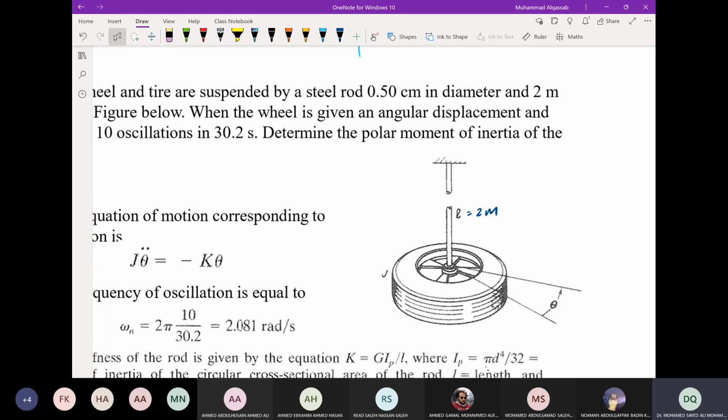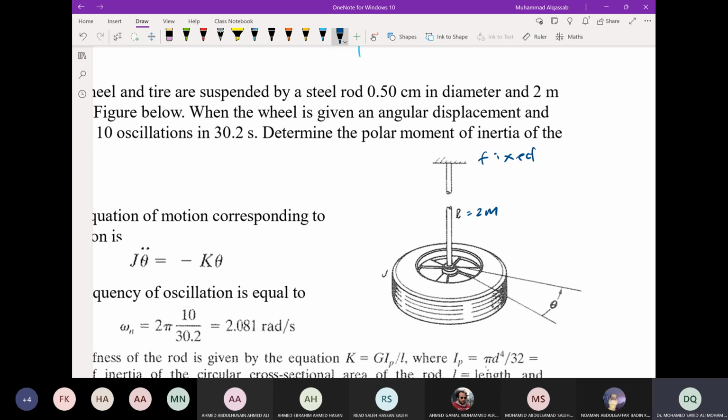So it is a small diameter compared with the length, so it will be easy to twist. It is fixed at the top and carries the wheel and tire assembly. The wheel and tire represent something like a disc, supported at the center, and it is uniform so that the center of gravity is at the location of the shaft.